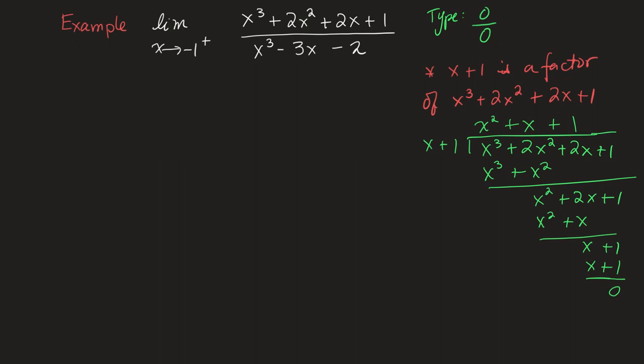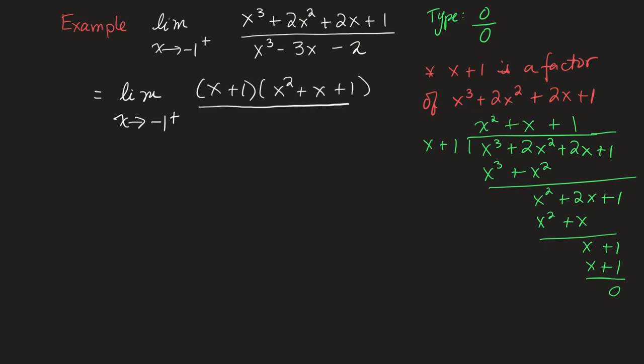I went ahead and worked this out using long division over here, and what I got is a quotient of x squared plus x plus 1. So I can factor this numerator as x plus 1 times x squared plus x plus 1.